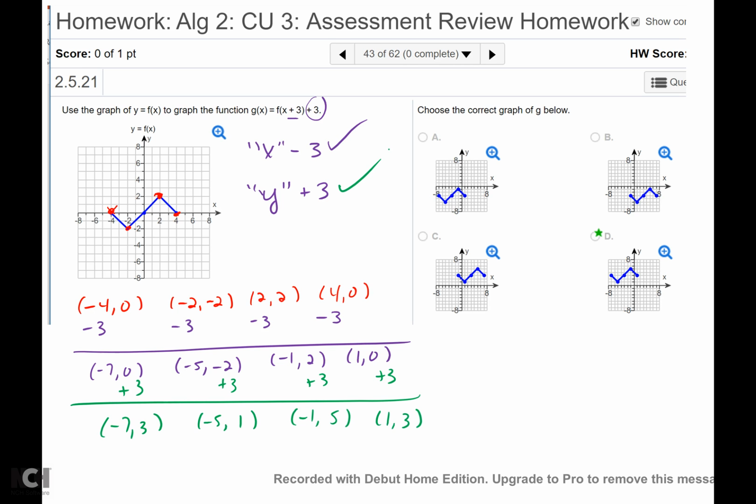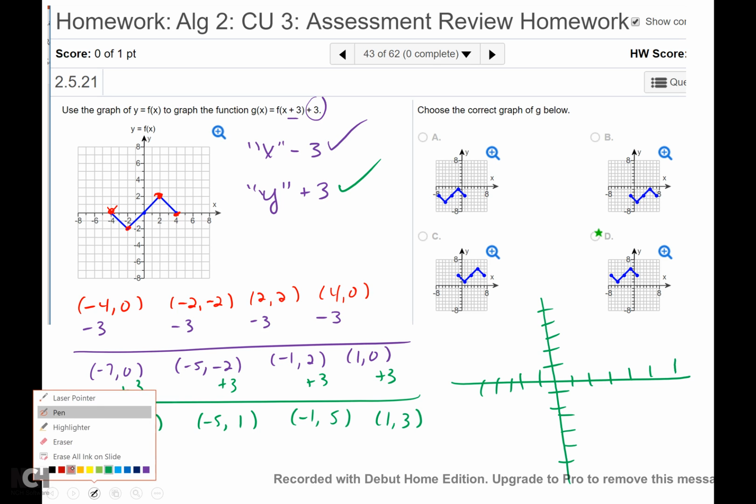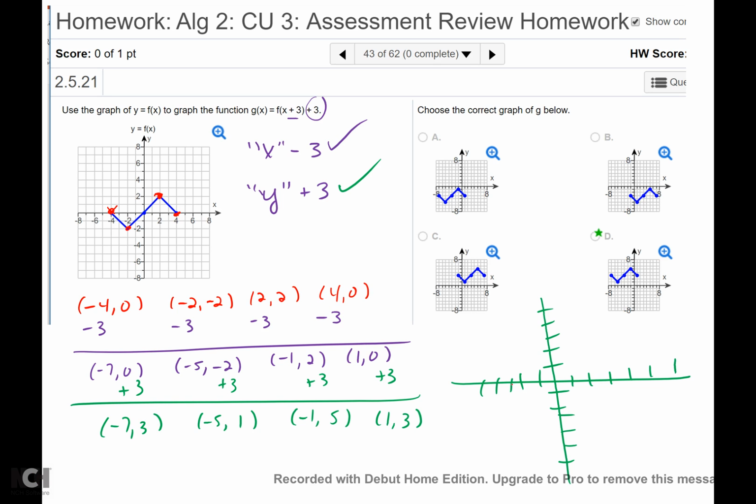And that's done, which means I can graph and find which one matches it. So if I plot those ordered pairs, I have negative 7, 3, negative 5, 1, negative 1, 5, and 1, 3.